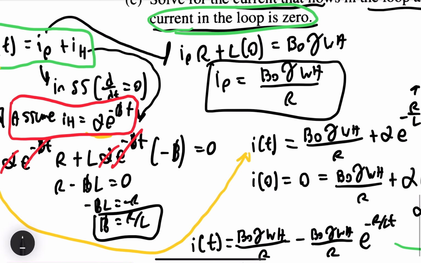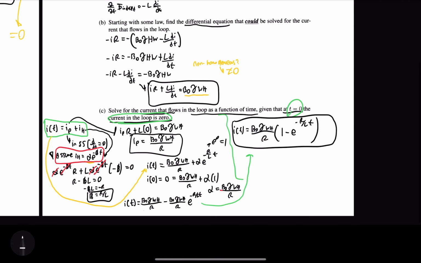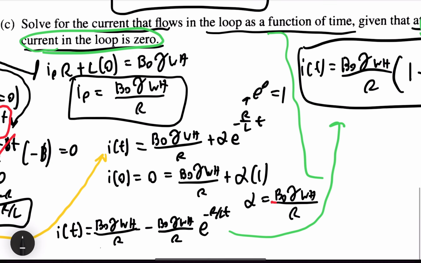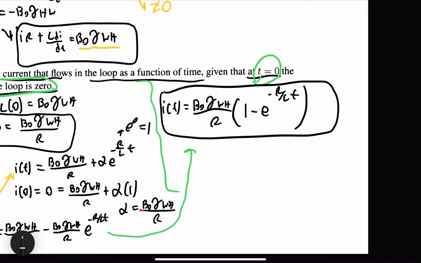Once we solve for beta and IP, we plug it into this green box equation, which will give us this. And then we use the condition we're given to solve for alpha. In this case, it's at t equal to 0, the current is 0. So once we plug in t equal to 0, we solve for alpha. And then once we get alpha, we put everything together and get the final answer, which is boxed in.